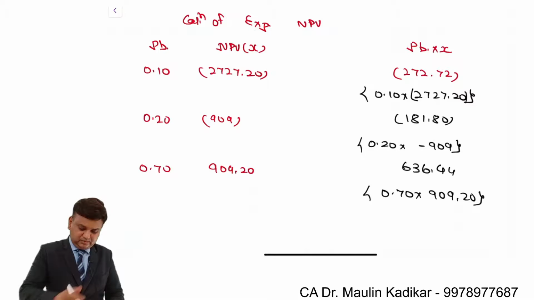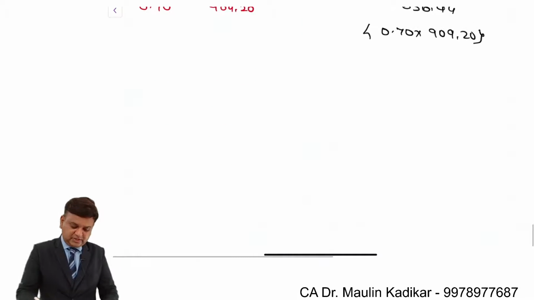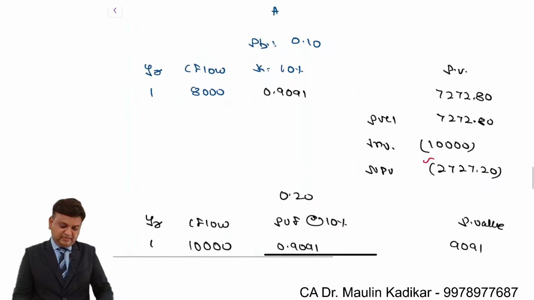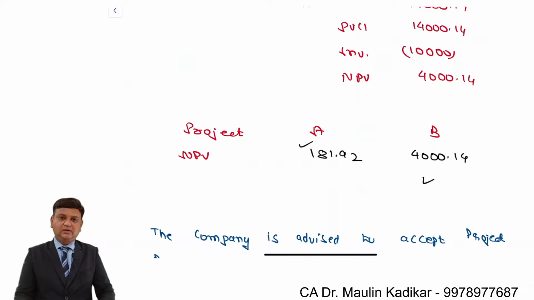So 272.72 negative, 181.8 negative, 636.44 positive. So the expected NPV is 181.92, and definitely friends this answer will match with the answer that we have already found.